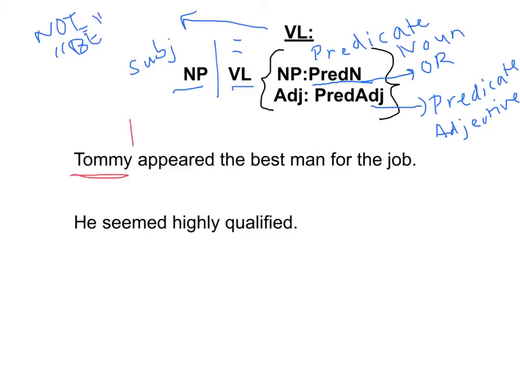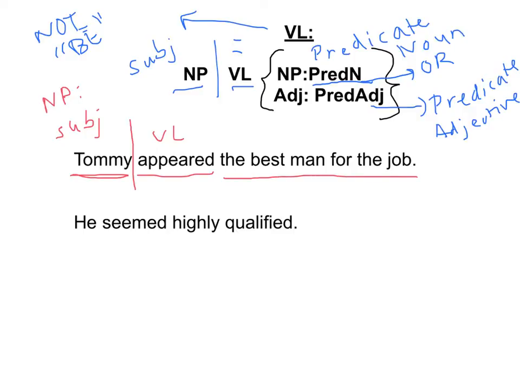Okay, so I can split right here. This is our subject. And we're always going to say noun, phrase, subject. Okay, what was the verb that he took? What's the linking verb? It's appeared. This is our VL.